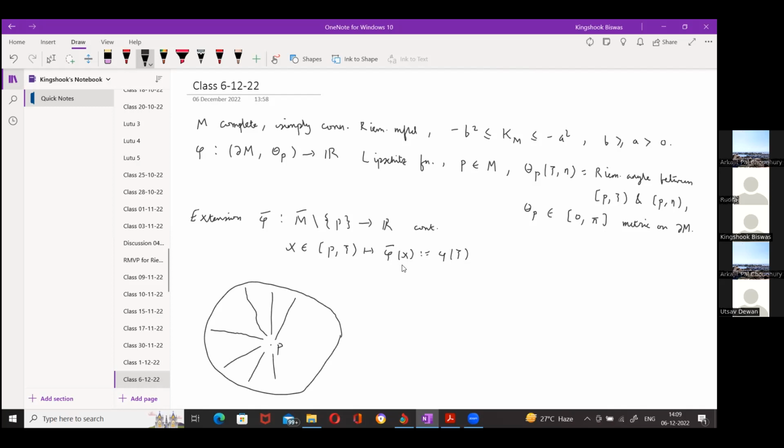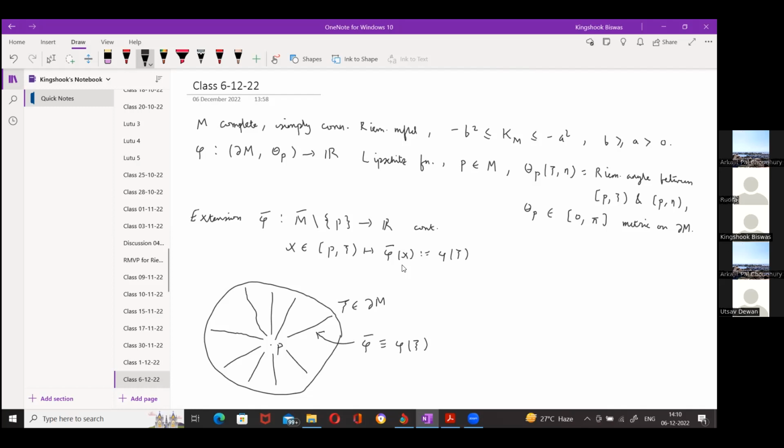So if we take, let's say, a ray ending at a boundary point xi here, then on this geodesic ray, phi bar is constant equal to phi of xi. Okay. So this is the extension to M minus P.